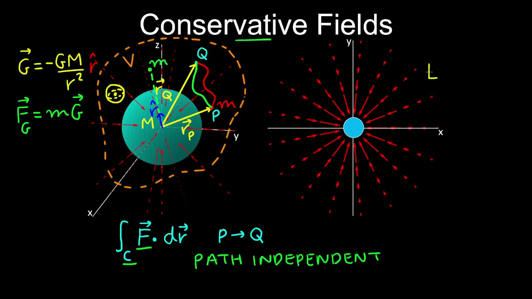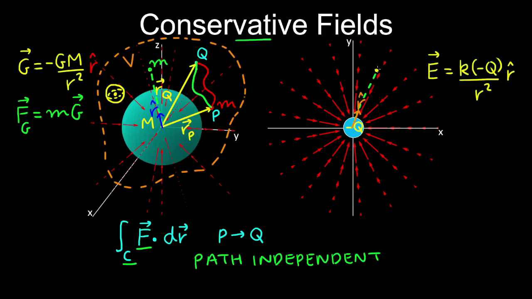And the electric field is another example of a conservative field. Due to a negative charge Q, the electric field is Coulomb's constant times the charge over the squared distance to a point in that electric field, multiplied by the direction vector which points to that point, a unit vector r hat.